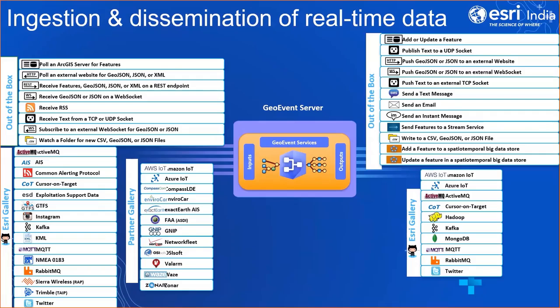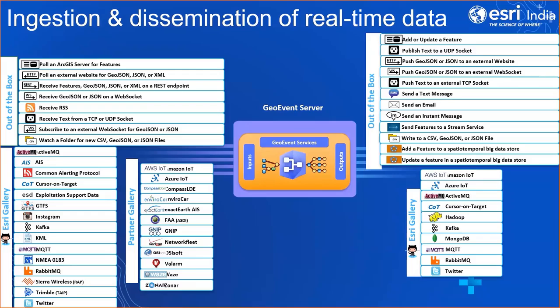Then the output connectors, which are again out-of-box, like I want to push this as a stream service, so that without even a nanosecond delay, as soon as I receive the data, I disseminate the information on my dashboard for monitoring, or disseminate this data into a web application to visualize the data feed, or if I'm configuring it for creating some alerts in the form of SMS or email, I can configure it to disseminate to the appropriate person.